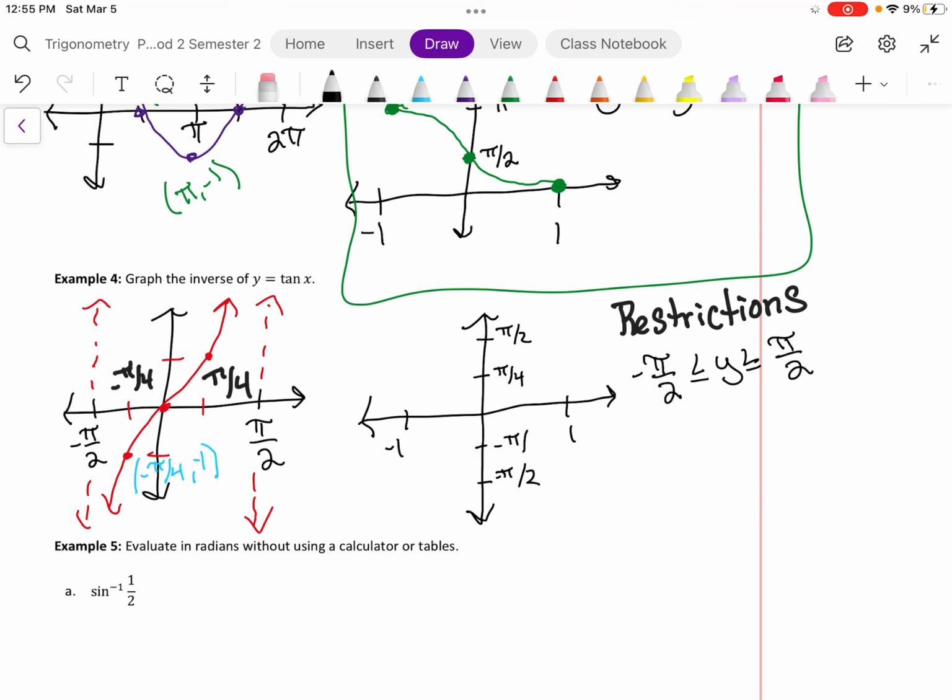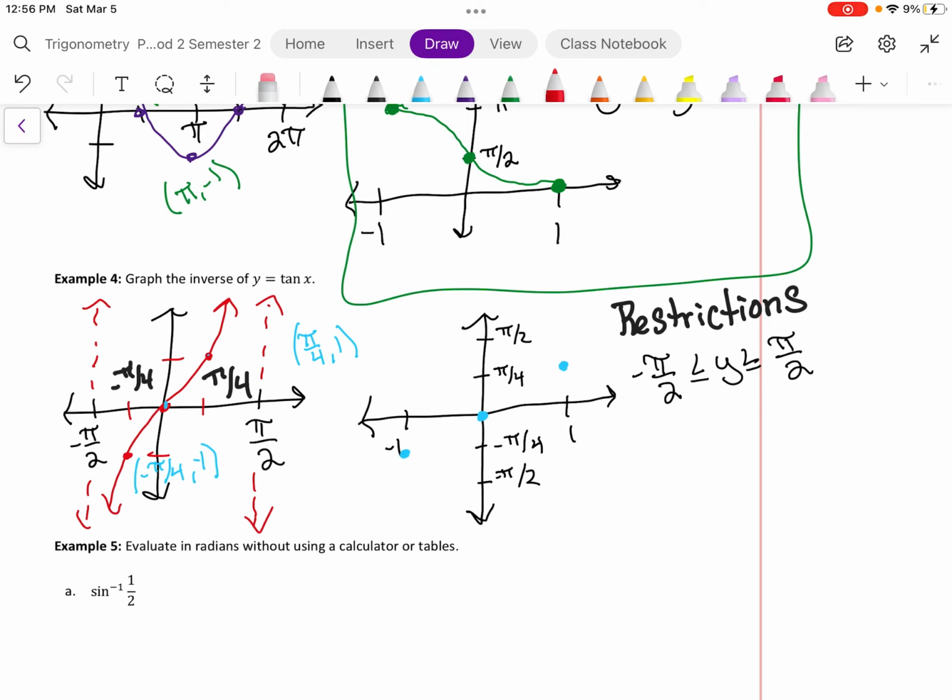That one should be a 4. So our first point would be there. And then our point 0, 0 would stay at 0, 0 for the inverse. And then we have pi over 4, comma 1. So that would become the point 1, positive pi over 4.